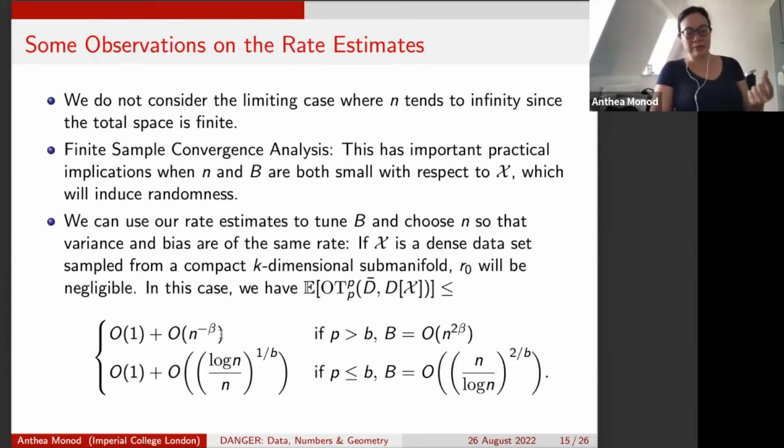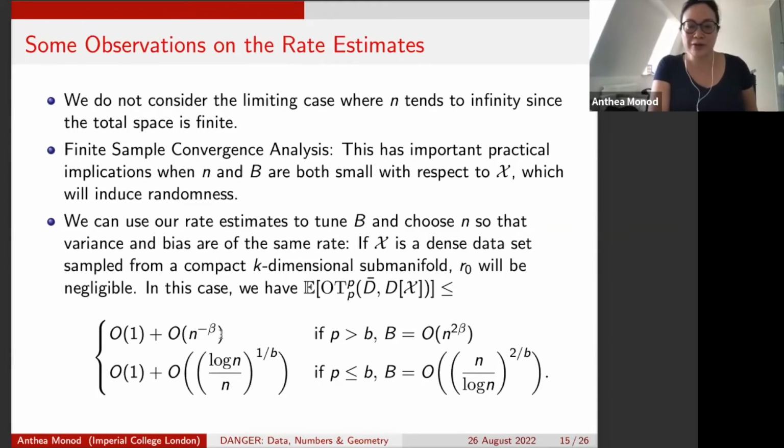So the case that we care about for computational efficiency is the part that precisely induces the randomness. This is, despite probably being less interesting for methodological and mathematical statisticians than the classical convergence case where our sample size grows to infinity. Here is where we still get randomness, and this is actually one of the challenges in this finite sample convergence analysis that we derive here.